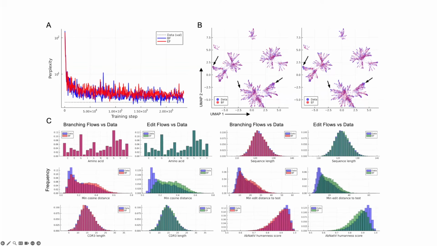And this is interesting to us: edit flows seems to do just as good a job at learning the length. The total sequence length matches very well for edit flows and branching flows to the true data. And the CDR3 length, which is a subunit of this that you can identifiably pull out, also matches very well between them. But on the metrics based on the sequence content, edit flows seems to do worse.